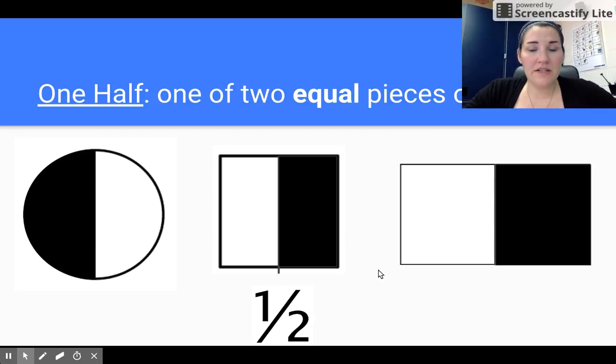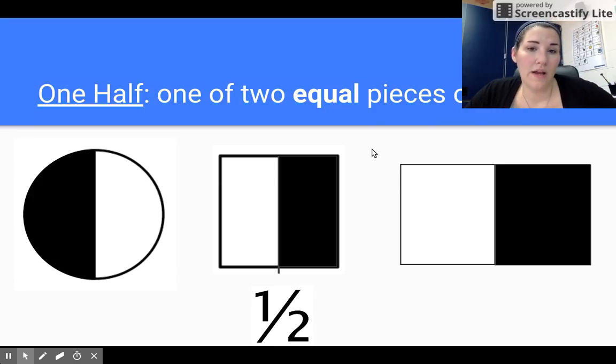Now today we're going to take this learning a step further and learn to color in or shade a fraction of the shape. So instead of having them just divided into different pieces, we're going to color in one of the fractions or one of the pieces of the whole. So right here on the screen, we have 1/2, which means that one of two equal pieces is colored in.